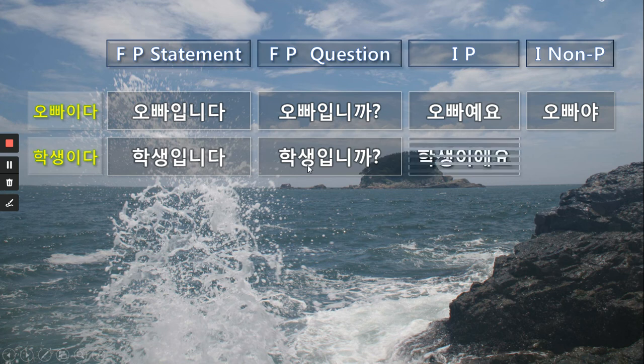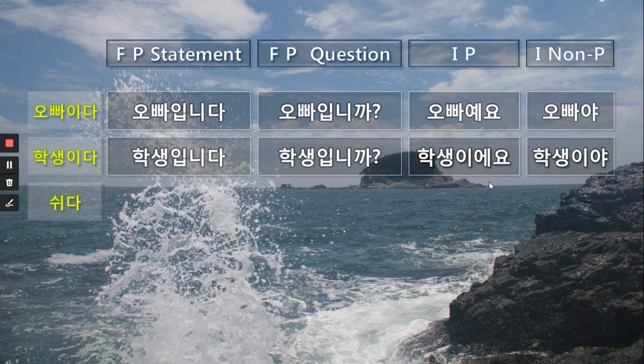So, 학생이에요. And for informal non-polite, as I said, for verb be, not only do we omit 요, we also need to put 야. So 학생이야. I'm a student.